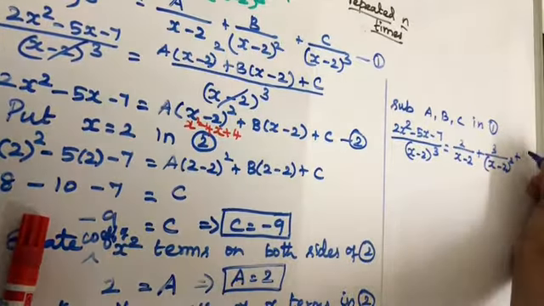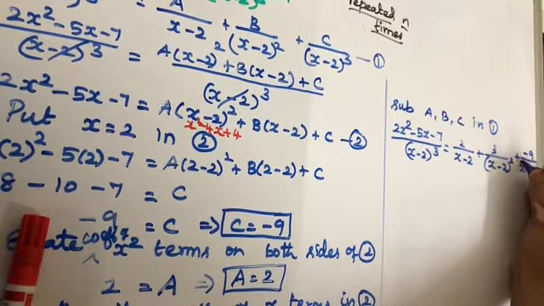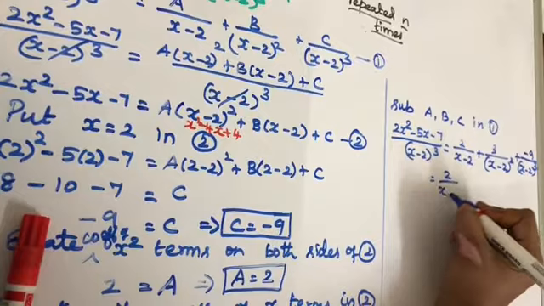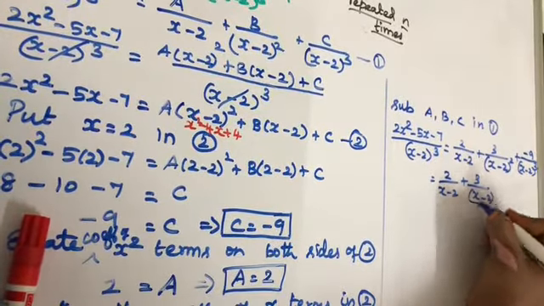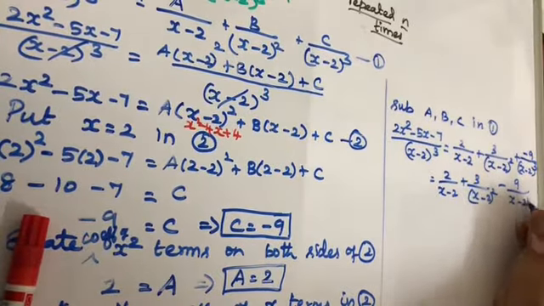Minus 9. So, minus 9 divided by (x minus 2) the whole cube. Okay. So, that is equal to 2 by (x minus 2) plus 3 by (x minus 2) the whole square minus 9 divided by (x minus 2) the whole cube.